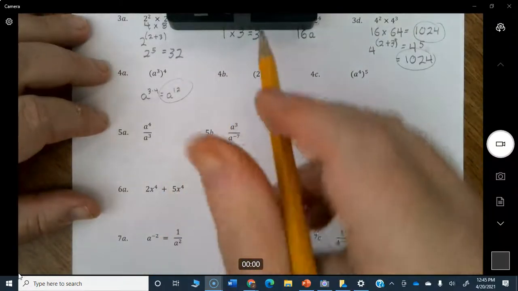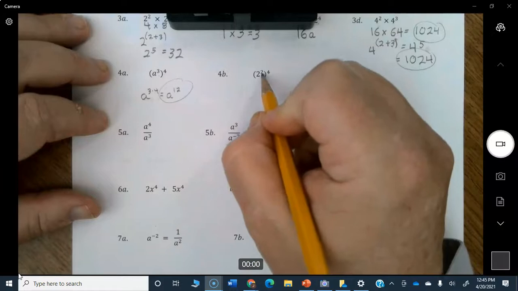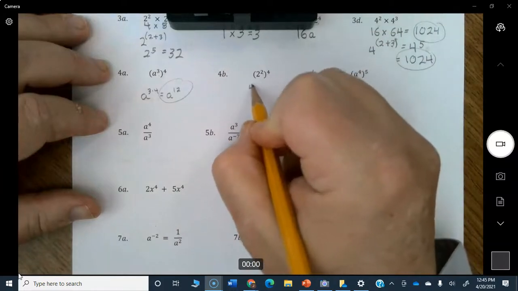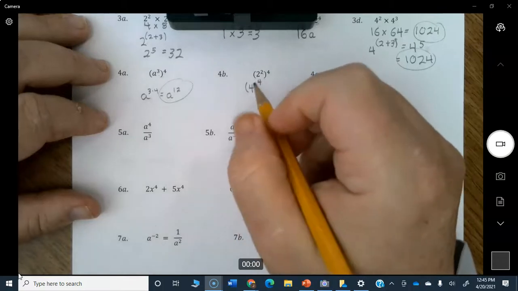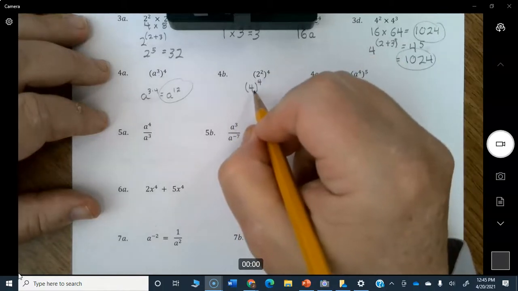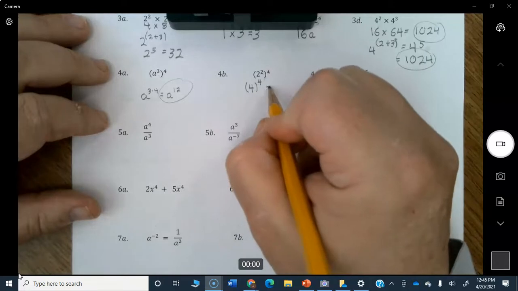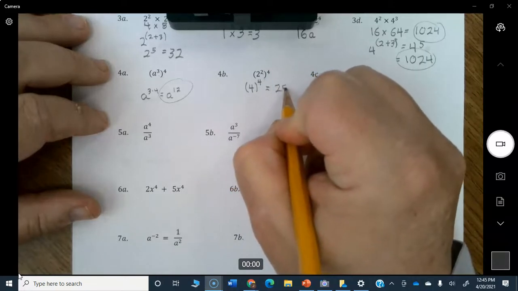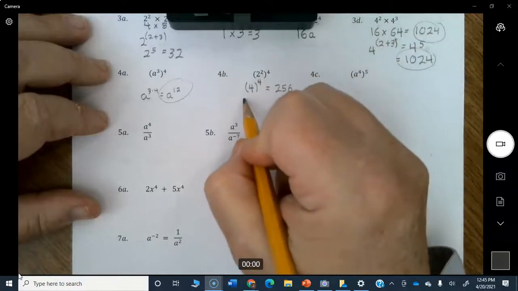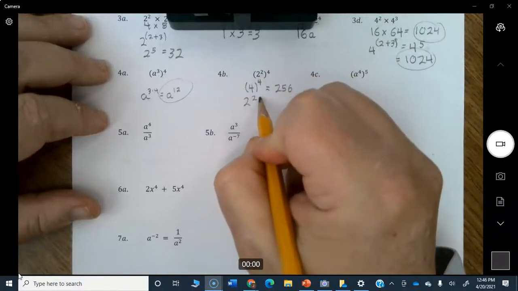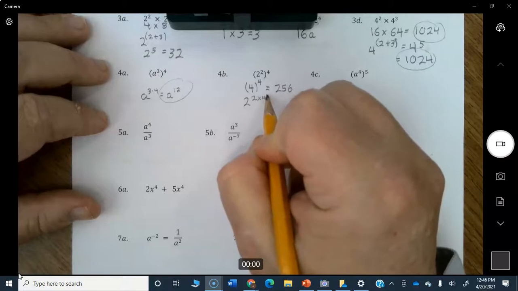So let's verify it here. 2 squared is 4 to the 4th power. Okay, and 4 to the 4th power, 4 times 4 times 4 times 4 equals 256. Okay, so is that the same as 2 to the 2 times 4?